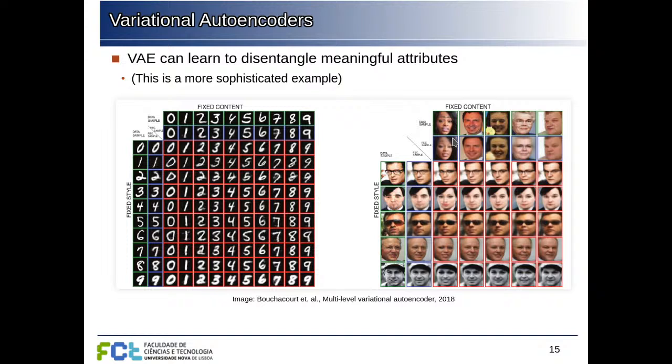The same thing with faces. There is the content and the style, and they can use, for example, one kind of face in different styles and positions and things like that, and they can mix these different aspects together by tailoring the different distributions to within groups and between groups differences.